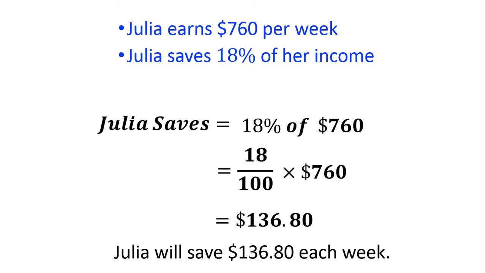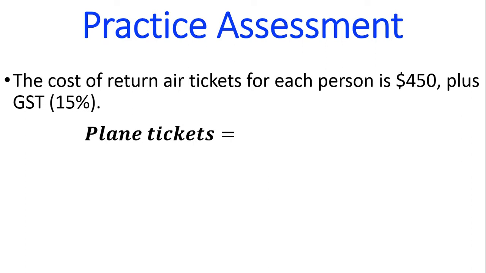Okay. We're just also going to go on and have a look for some GST calculations so that we've got a fourth calculation just in case we make a mistake with one of these first three. So we get told this piece of information here, that the cost of the return air tickets for each person is $450 plus GST. So I need my label, plane tickets equals. The key number there is 450, and we're told we're going to add the GST to that.